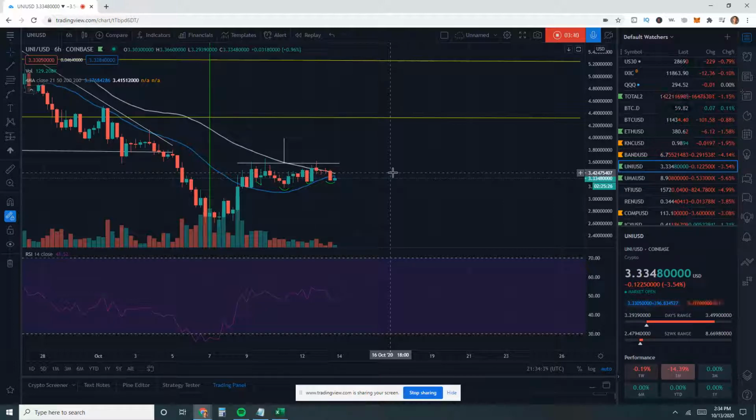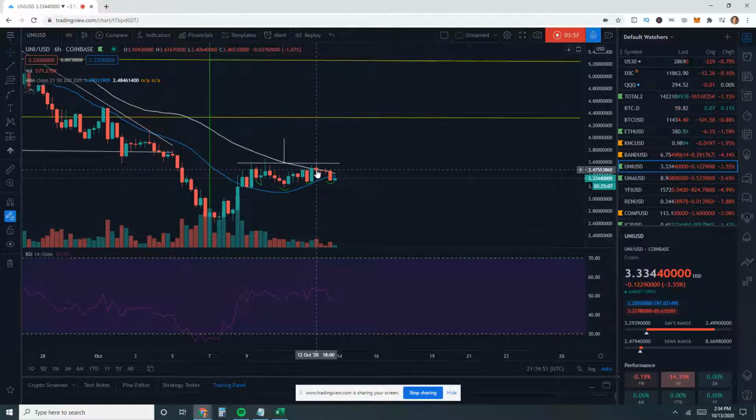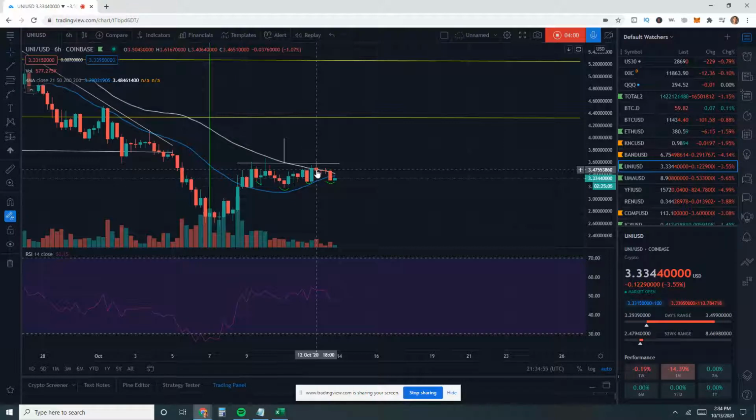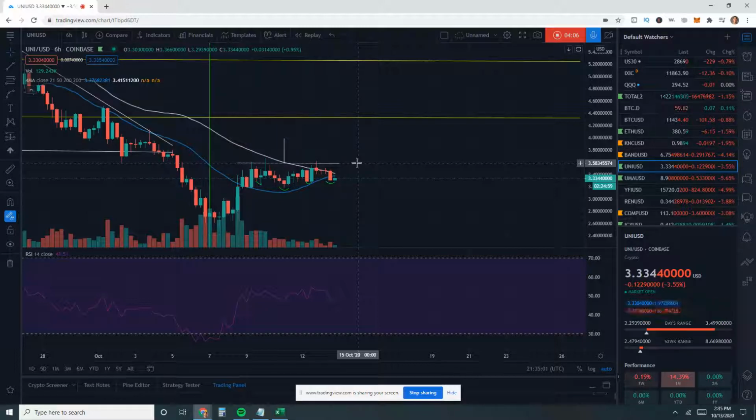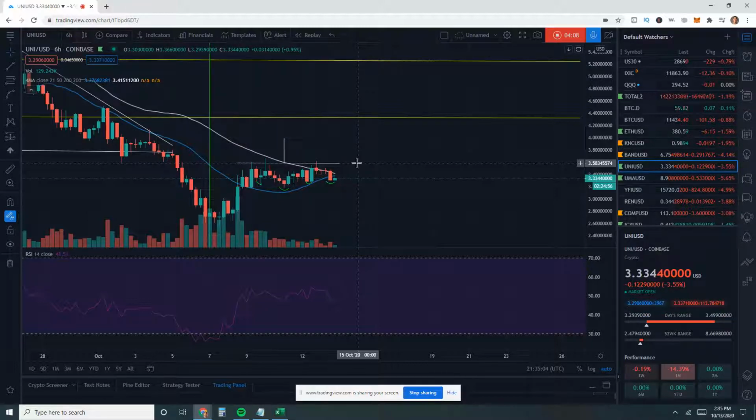So if we get a solid candle close, not like this one right here, above the 6-hour 50 moving average, that would be further confirmation that we are in a reversal to an uptrend, and that would also put us in a position where we may actually break above this neckline and reach the measured target.